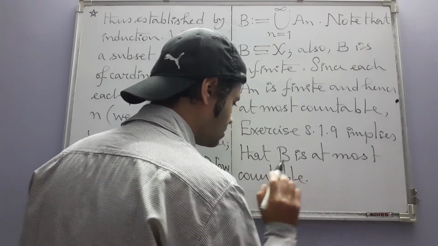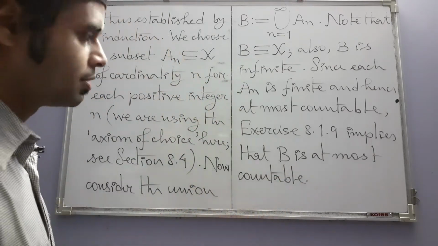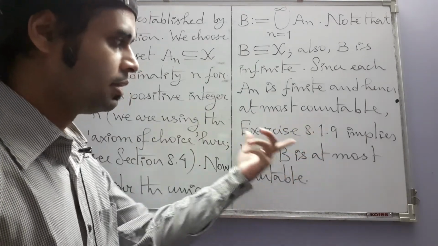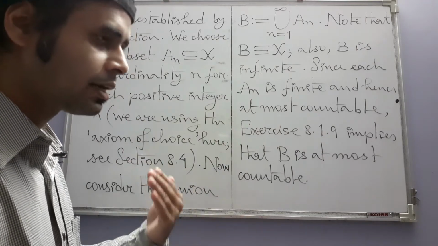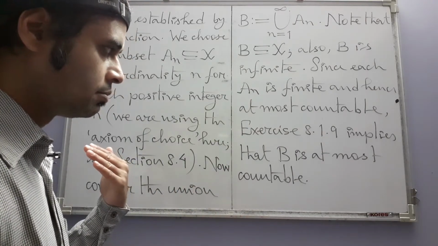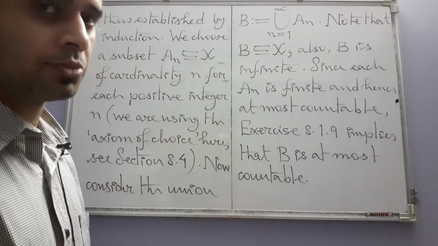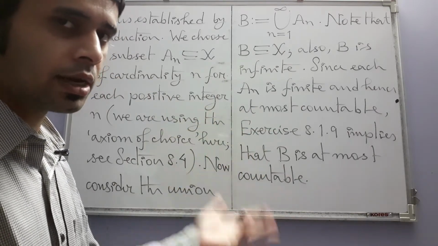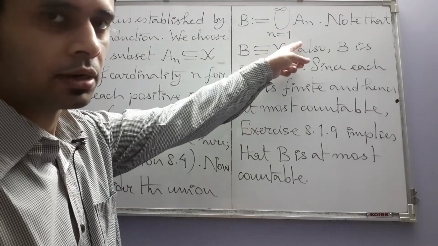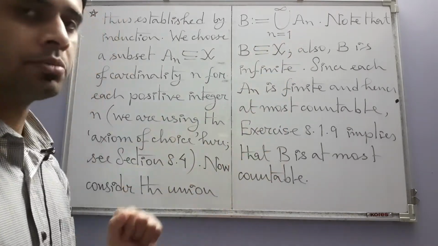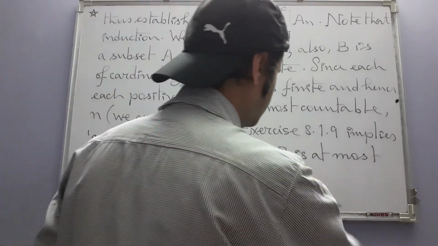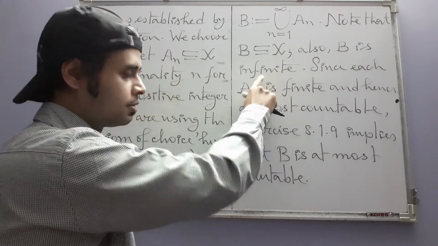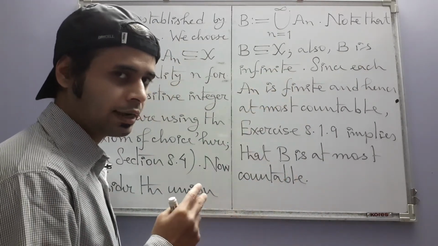At most countable means either the set is finite or it is countable. So you understand what this exercise statement is. It asks us to show that if we are given a countable union of at most countable sets, that means the number of sets involved in that union is countable, like what we have here, then the union is also at most countable. But you combine this at most countability of B with its infiniteness, then you get the conclusion that B is actually countable.